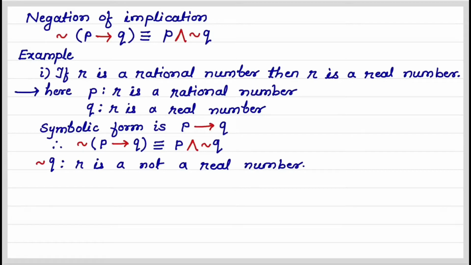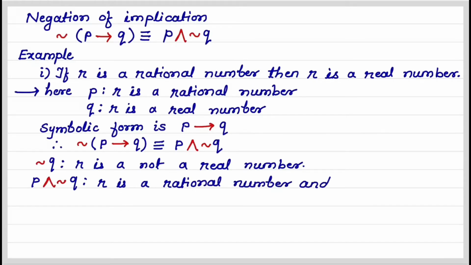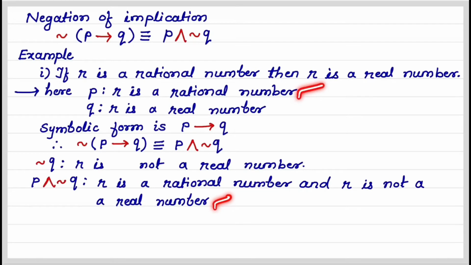Now write P and negation of Q: R is a rational number and R is not a real number. This is the negation of the given statement. Okay, we have completed one more.